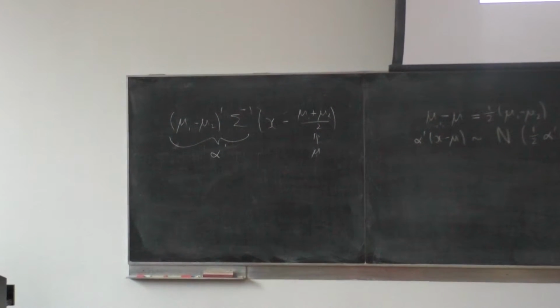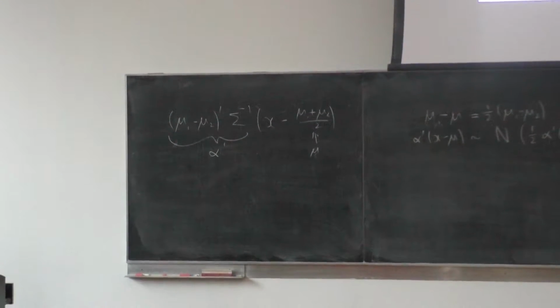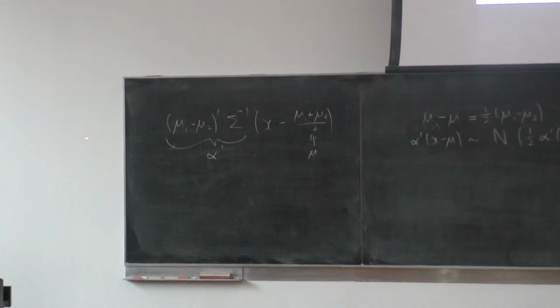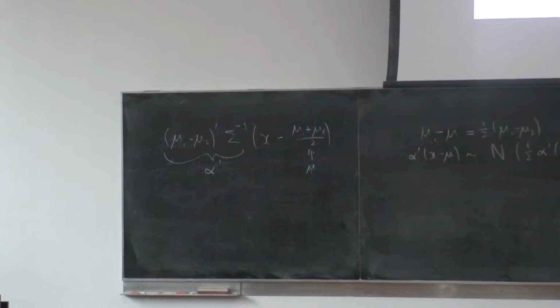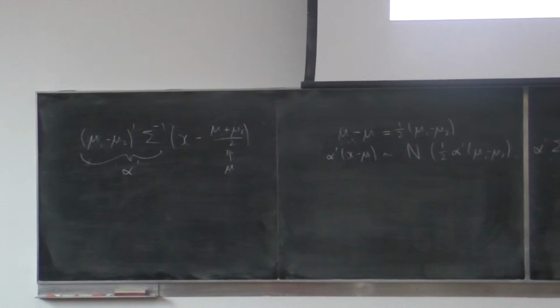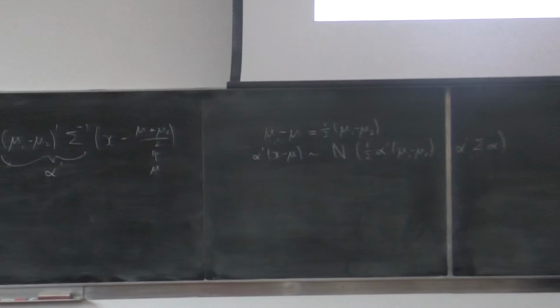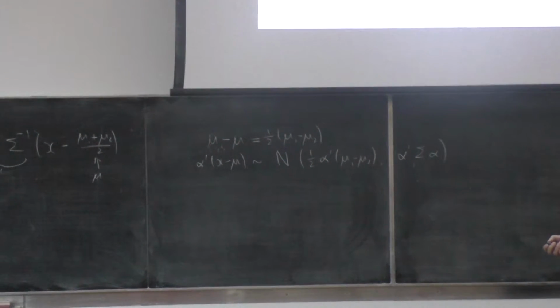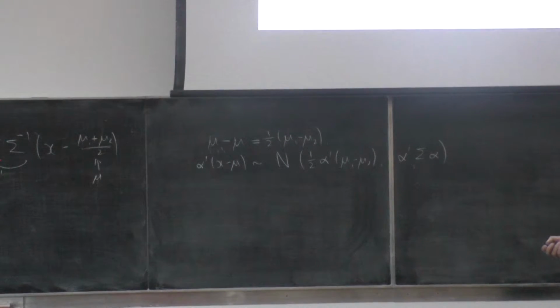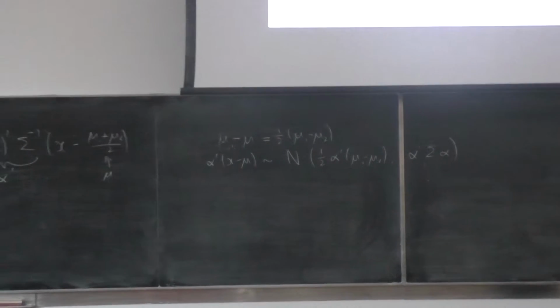If alpha is sigma inverse times mu1 minus mu2, then the way that matrix multiplication and transposition works tells you that alpha dash is the transpose of the second thing, that's mu1 minus mu2 dash, times the transpose of the first thing, and sigma is symmetric, and so its inverse is as well.